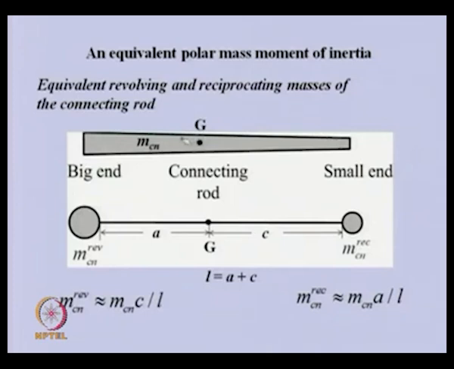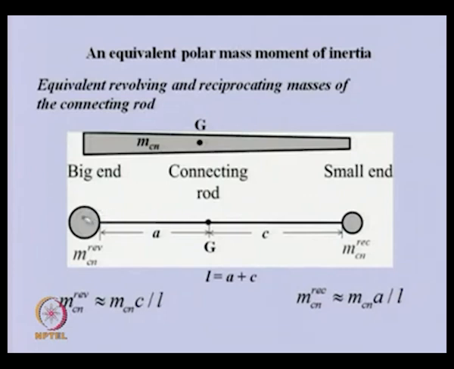We would like to convert this connecting rod to a 2 mass system, where the big end is connected to the crank and the small end to the piston.